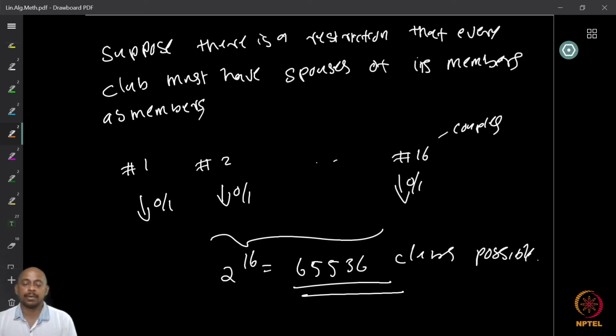We satisfy all the conditions. You don't need the same set, because we are talking about distinct sets here: 2 raised to 16 distinct sets of couples. So we already have 65,000 plus clubs. In a town with 32 people, there are 65,000 clubs. It's not going to help with law and order.